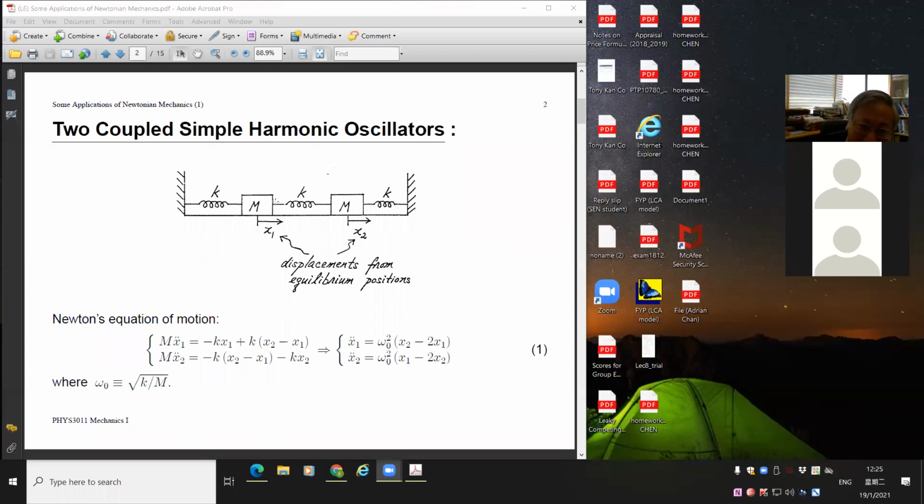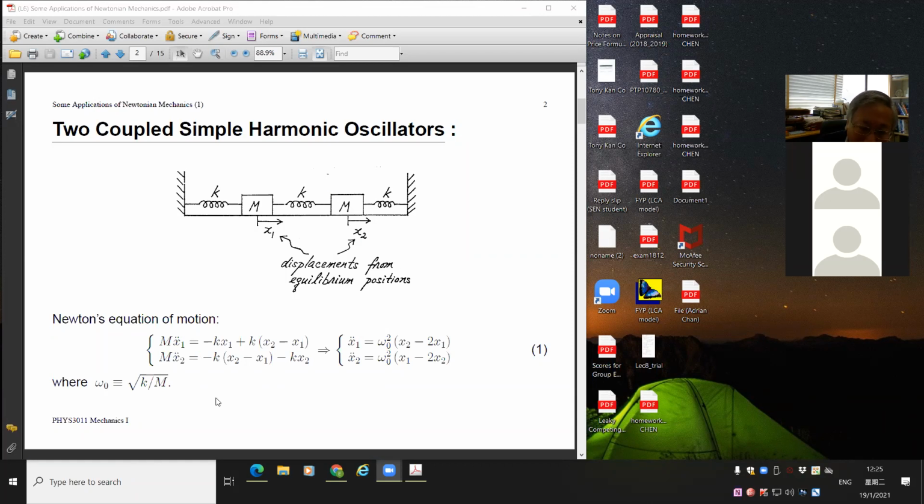All three springs have the same spring constant. Here x1 represents the displacement from the equilibrium position, and x2 is the displacement from the equilibrium position of the second block.